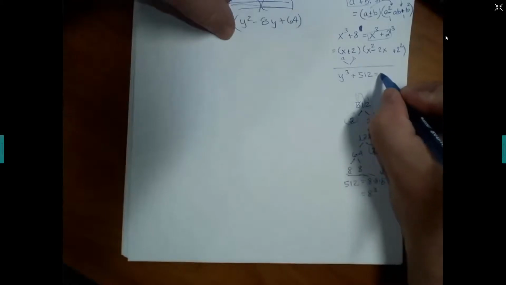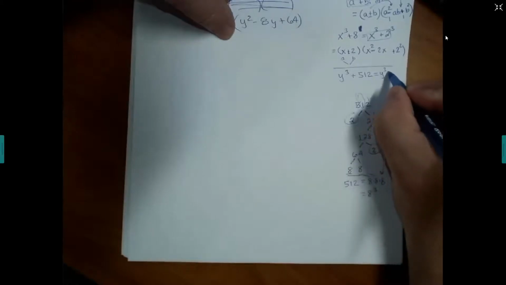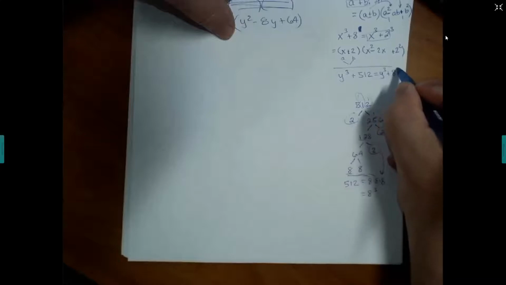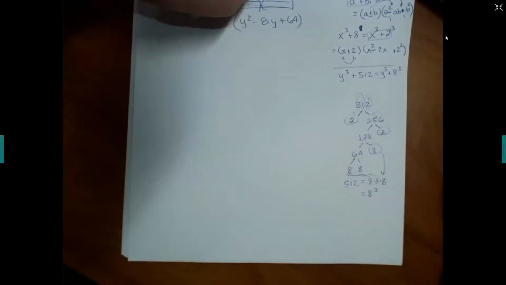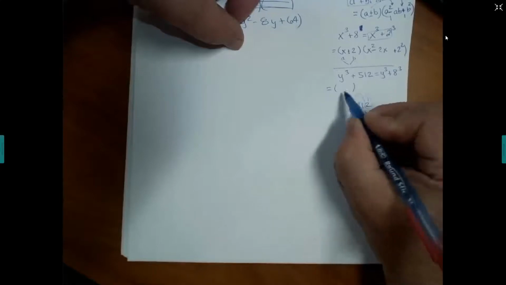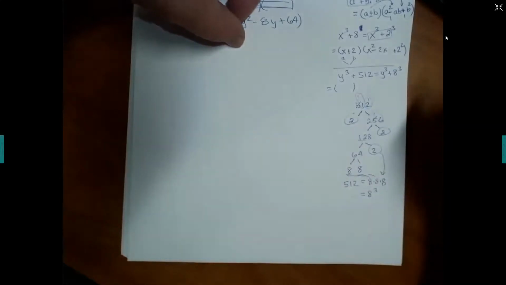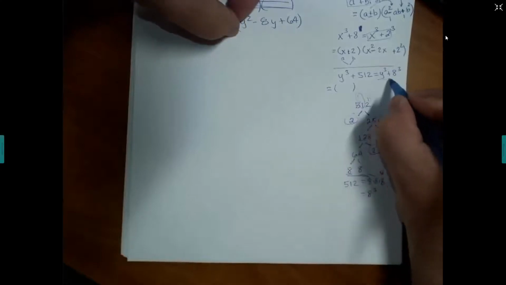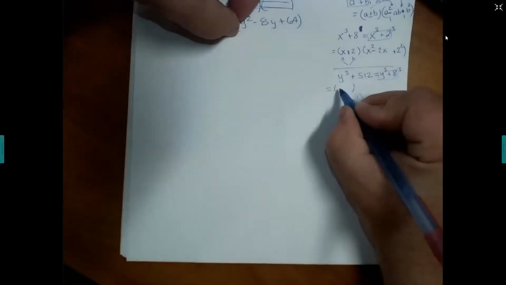So we know this is the same thing as y cubed plus 8 cubed. What goes in the first parenthesis? Y plus 8.